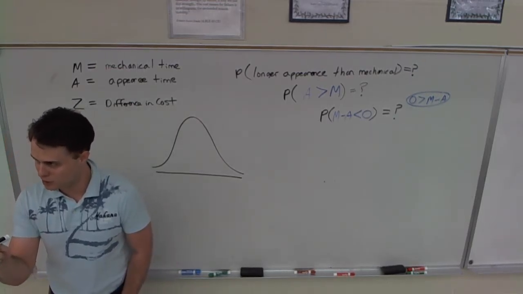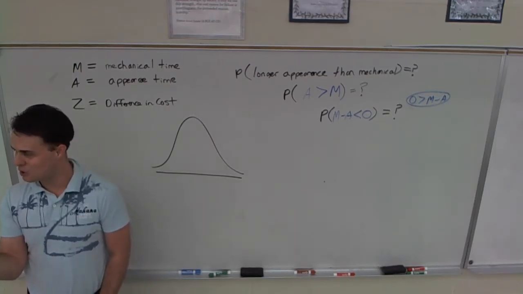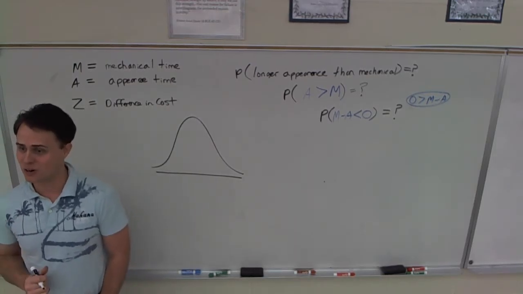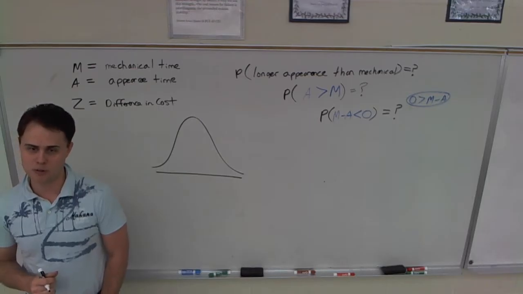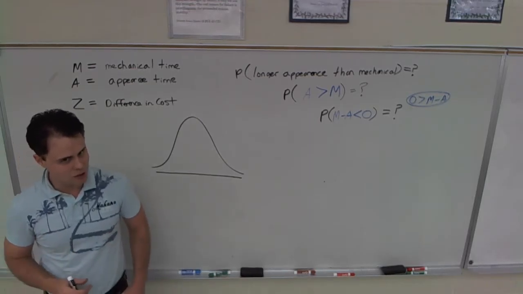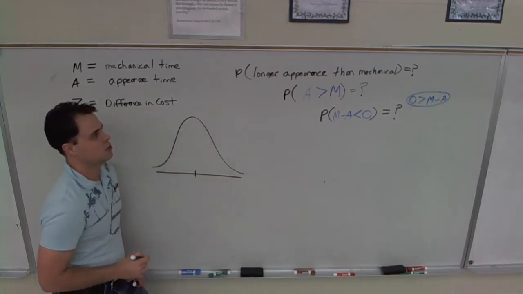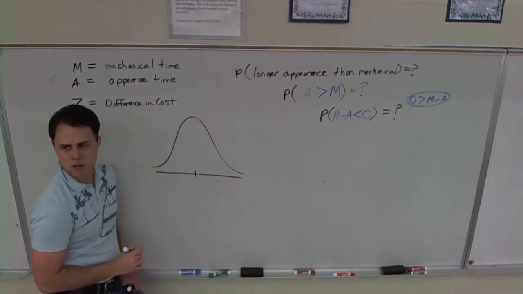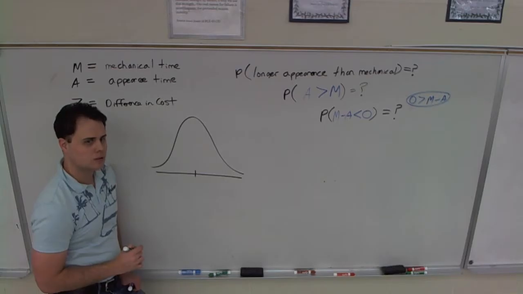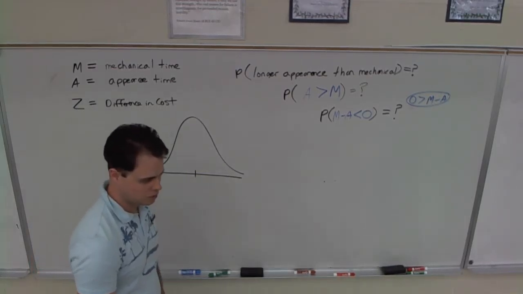You know its standard deviation because we spent all that time using our different rules to find its standard deviation. That's the power of what you just did. You guys see how much we're pulling together here from this semester? So what was the middle of the random variable M minus A? What did it end up being? I don't remember. You guys have it? It should be on there. Will, what'd you have?